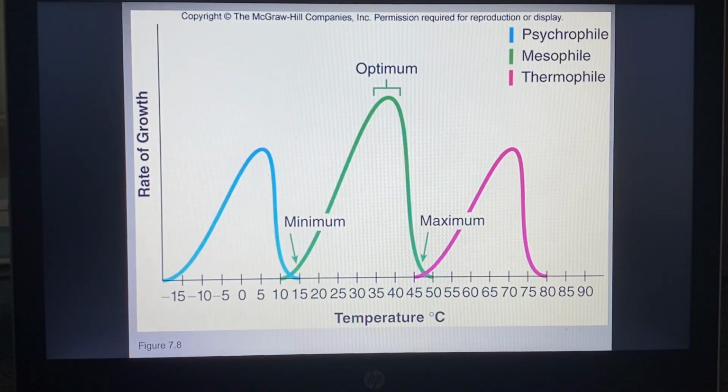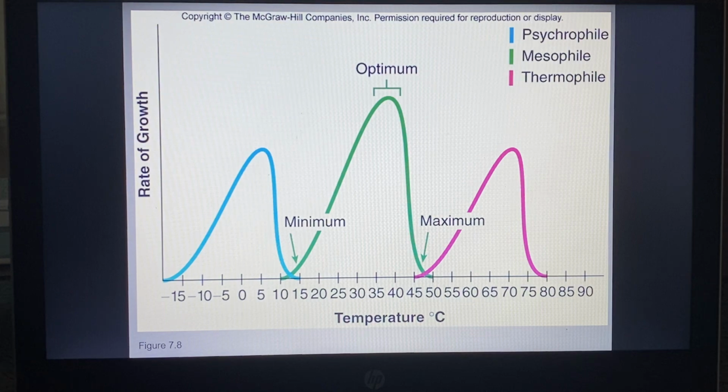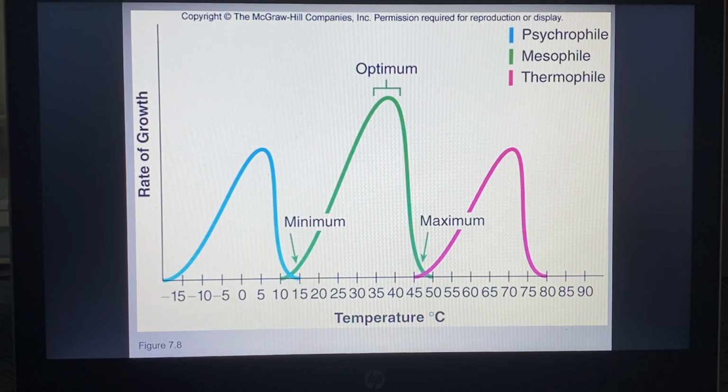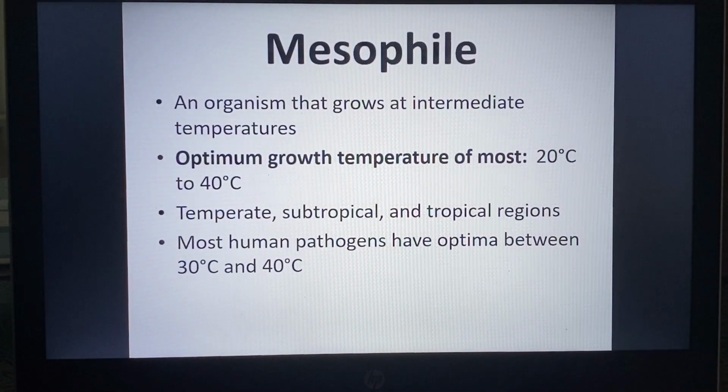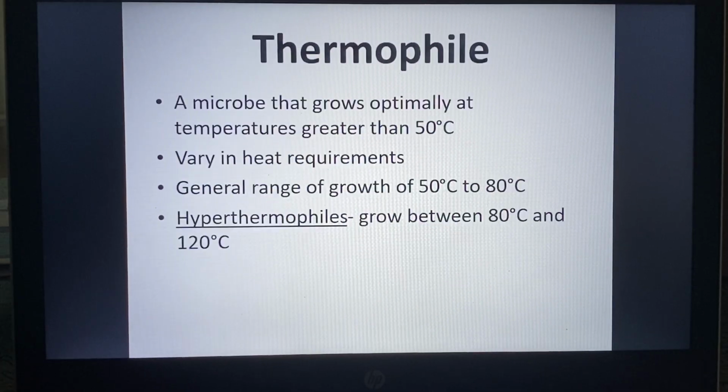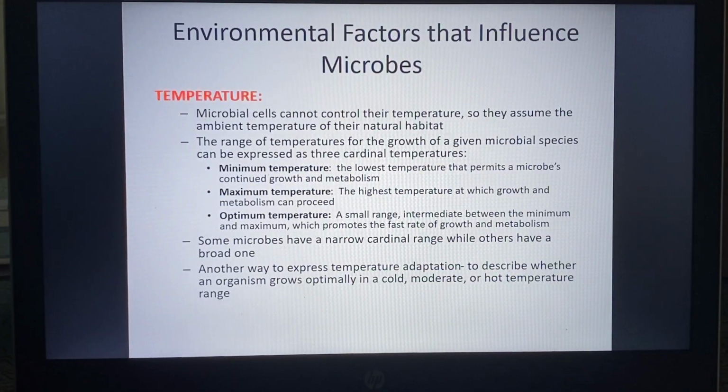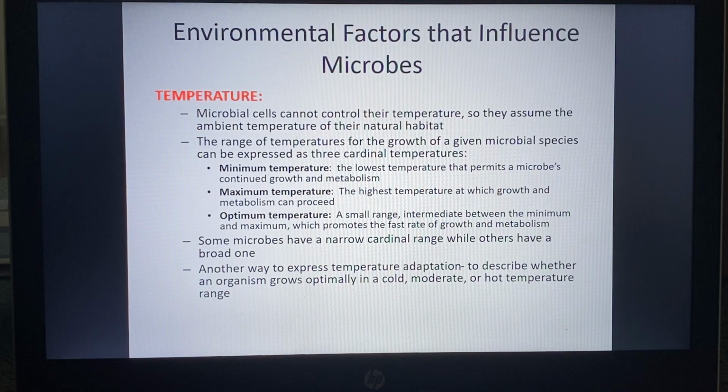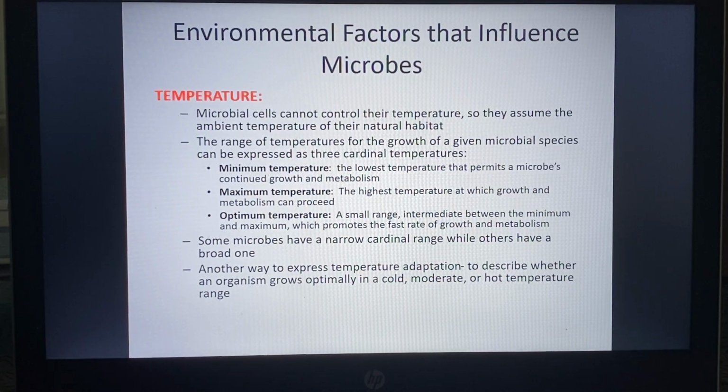Now, some of them, the curve may be really narrow. Some of them, it might be much more broad. It just depends on the species. Okay, so let me go back to this. Oops, wrong way, sorry. Didn't mean to freak you out. So when we talk about temperature, there are three categories that we can put organisms into.